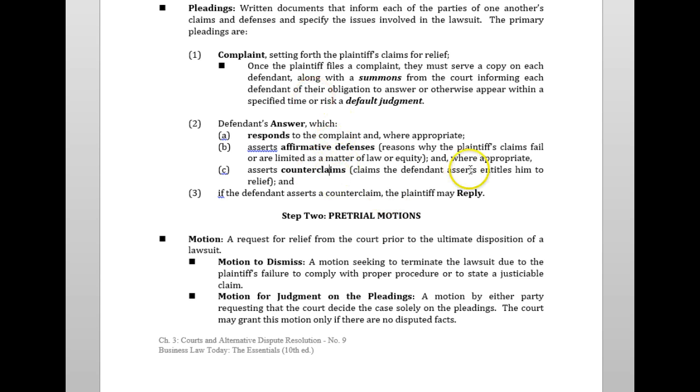So this is where you would put all of that on the table. If the defendant asserts a counterclaim, then the plaintiff has the right to reply to that counterclaim. So you can see how this is all very measured and back and forth. You're trying to set the stage for what the hearing or the trial will entail.